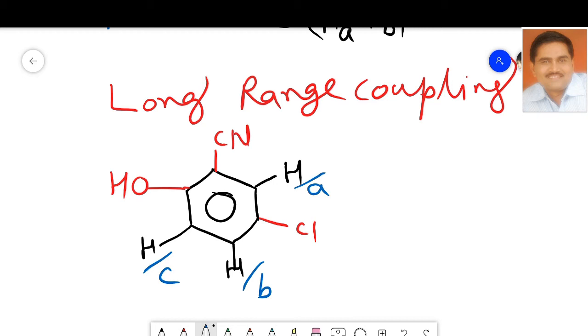Now long range coupling is nothing but coupling of more than 3J. Suppose you consider the coupling between HA and HB.